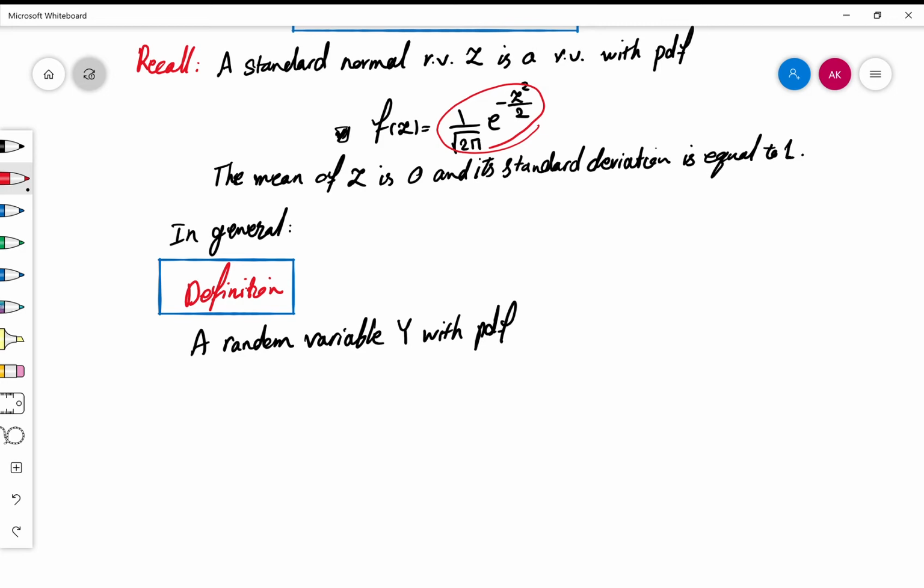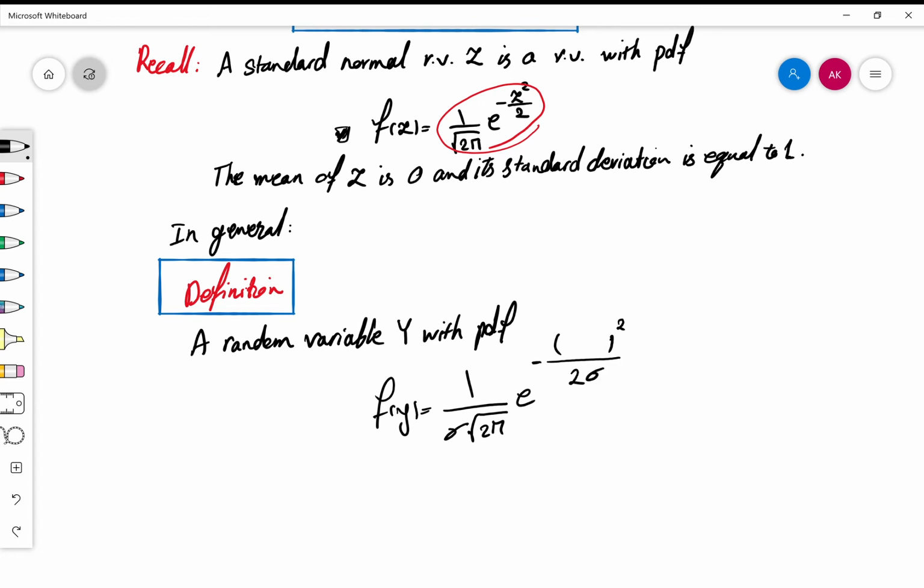But if it is general normal, we have f of y equal to 1 over sigma root 2 pi, then e to the power minus something squared over 2 times something.